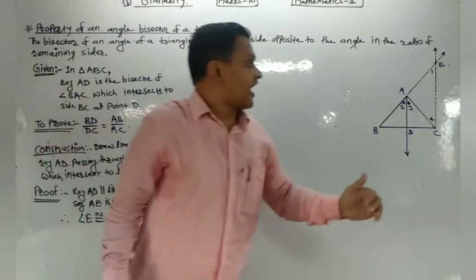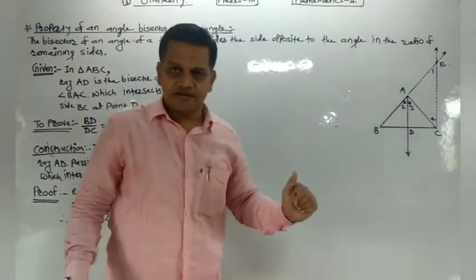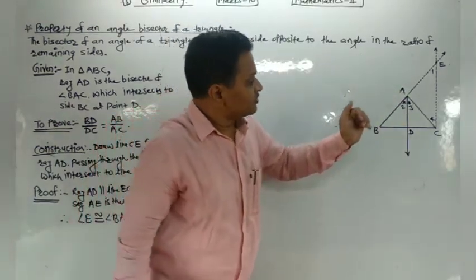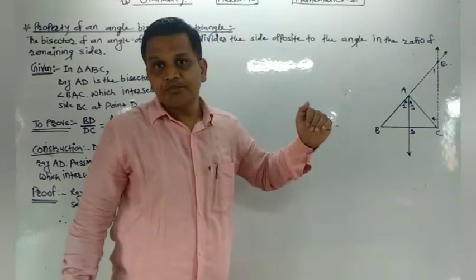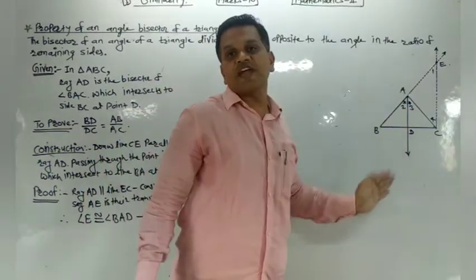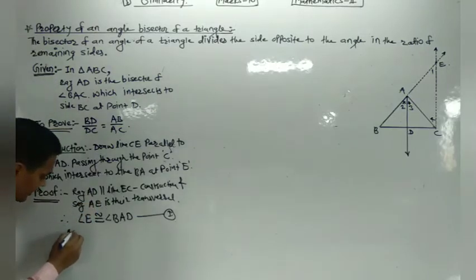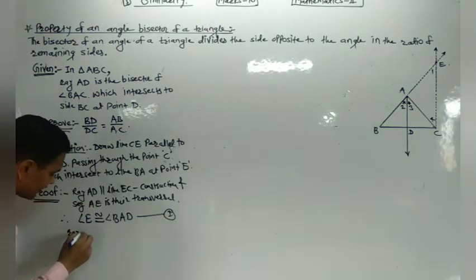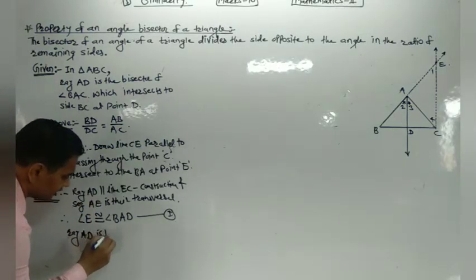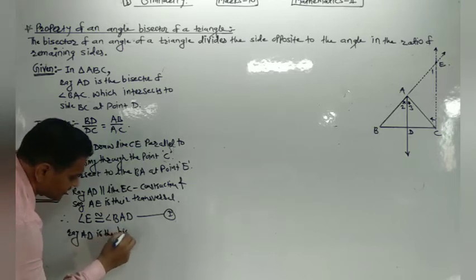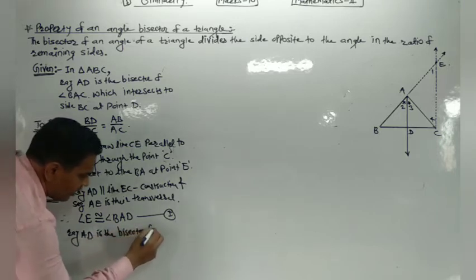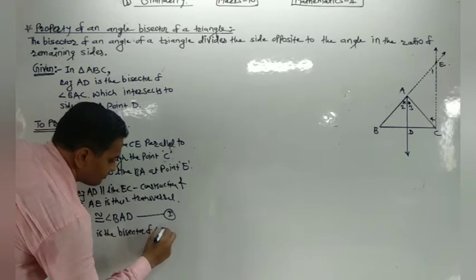Now we want to prove that angle number 2 is congruent to 3. Why is 2 congruent to 3? Because ray AD is the bisector of angle BAC. Now I am going to write here: ray AD is the bisector of angle BAC.